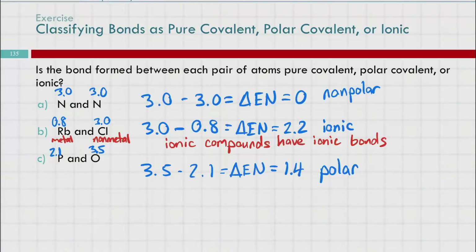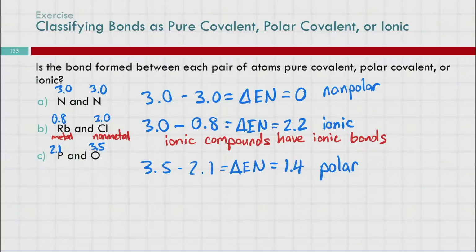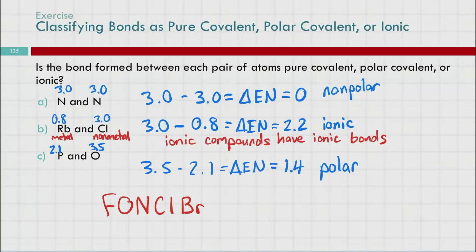There's also a mnemonic device for remembering. It's not 100% accurate, but it's okay for remembering electronegativity values. And it's Fonkel brick ship. For some reason, this one has stuck with me for like 10 years, Fonkel brick ship.